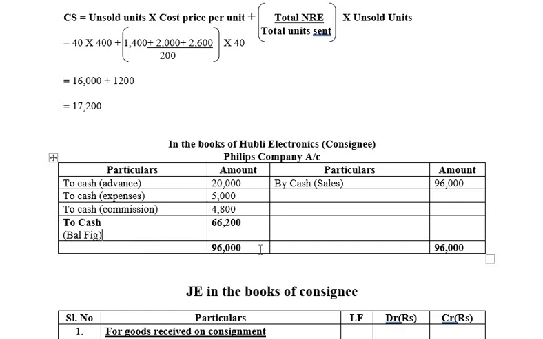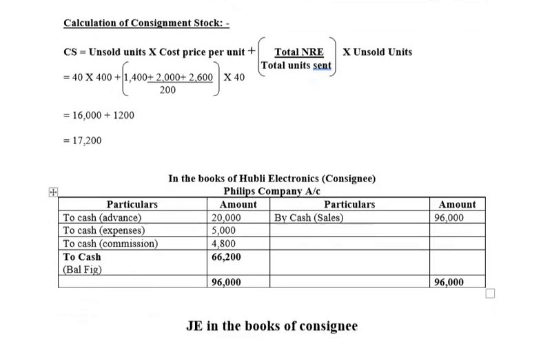I hope you have understood this. That is, the balance of 66,200 is nothing but the balancing figure, which is to be given in terms of cash to the consignor. Okay, so that's in terms of journal entries. I hope you have understood this question.